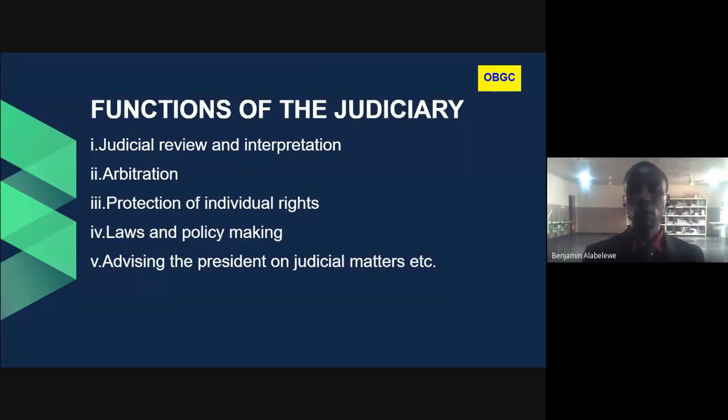The primary function of the executive is to implement or enforce the law. They don't adjudicate the law, and they don't make laws; rather, the executive makes policies. Then we have the judiciary. The judiciary has the primary function of interpreting or adjudicating the laws. Okay, so this is how far we can go.